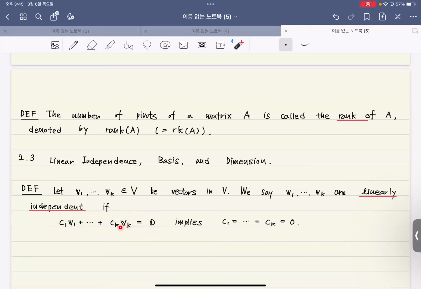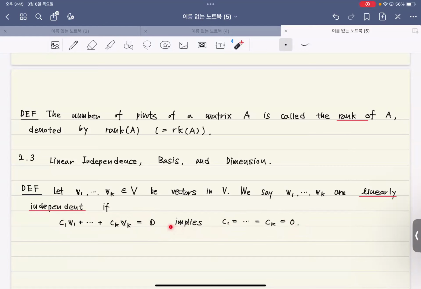What choices of the coefficients make this equal to 0? Well, the obvious solution is the trivial one: if every coefficient from c1 to ck is 0, then this equality is automatically satisfied.